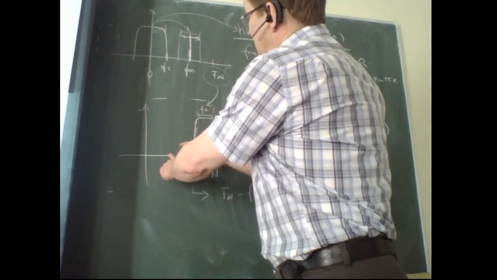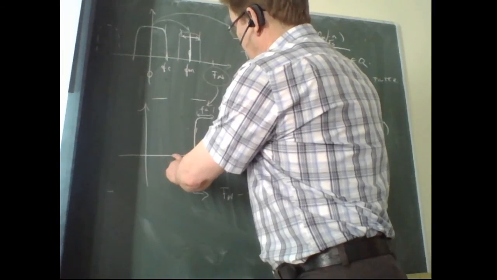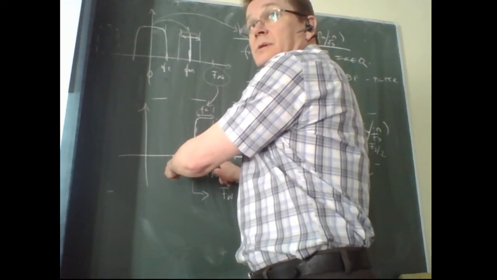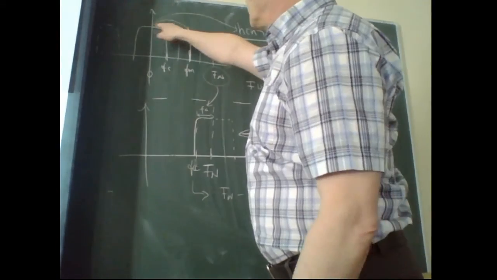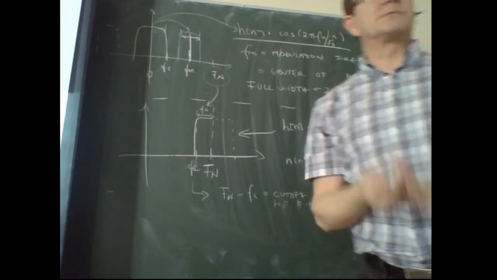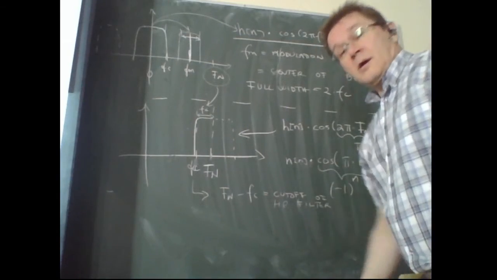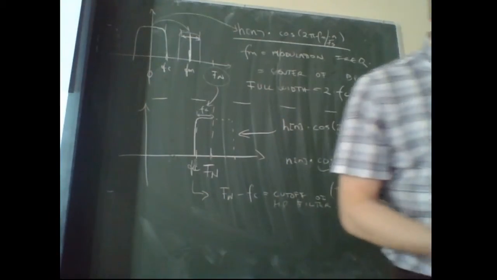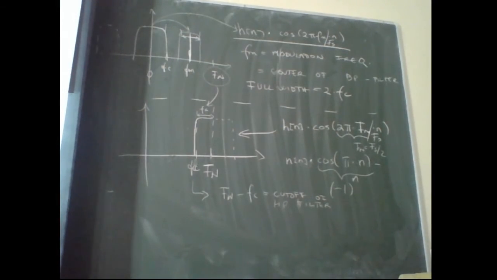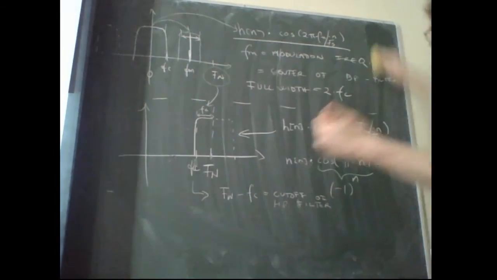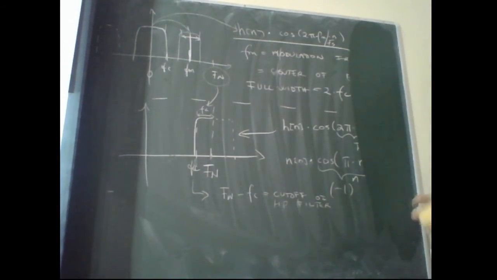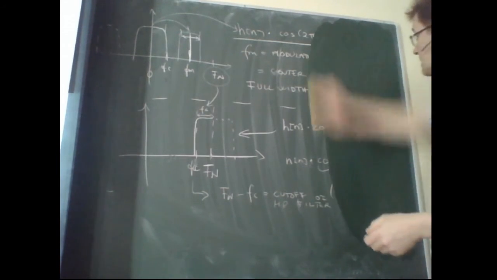You need to actually take the bandwidth of this filter and design the low pass filter first like that, and then transform it from low pass to high pass. Okay, so we have low pass, band pass, high pass.